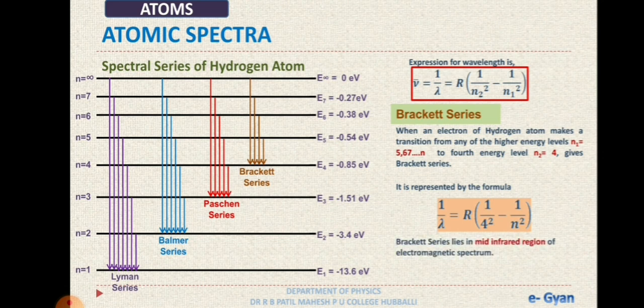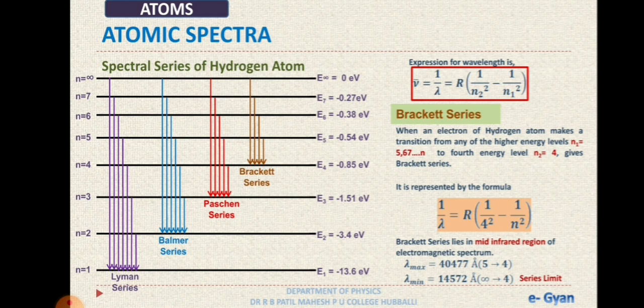The Brackett series lies in mid-infrared region of electromagnetic spectrum. The maximum wavelength emitted is 40,477 angstrom due to the transition of an electron from fifth energy level to fourth energy level. And the minimum wavelength emitted is 14,572 angstrom due to the transition of an electron from infinite energy level to fourth energy level. So the series limit is 14,572 angstrom.